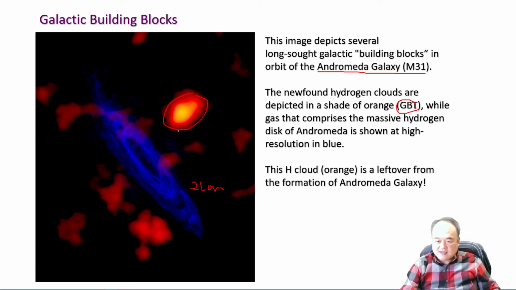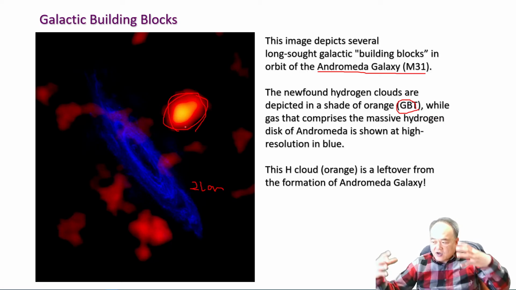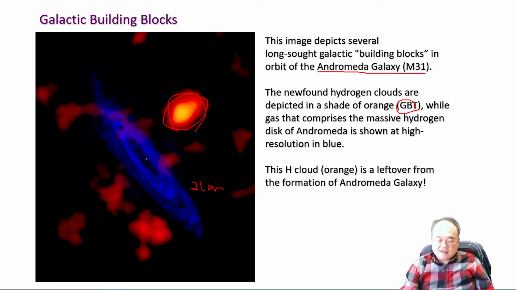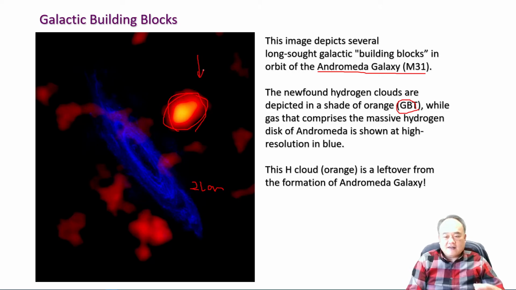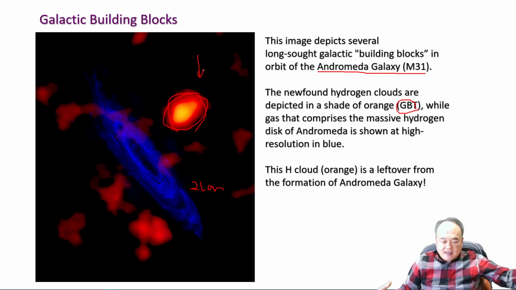If it is connected, then an isolated large amount of hydrogen cloud away from the galactic plane is unusual. So this may be a hint of the relic hydrogen cloud that formed the galaxies in the beginning of the universe.